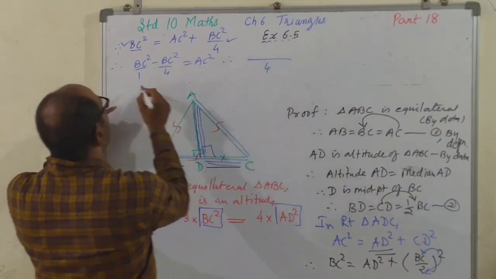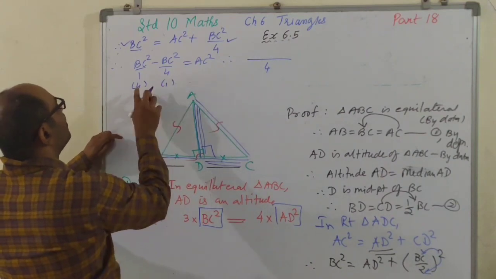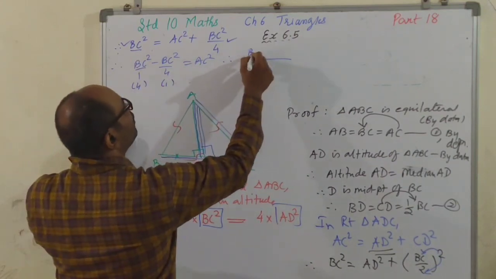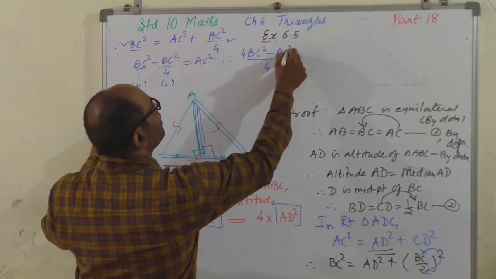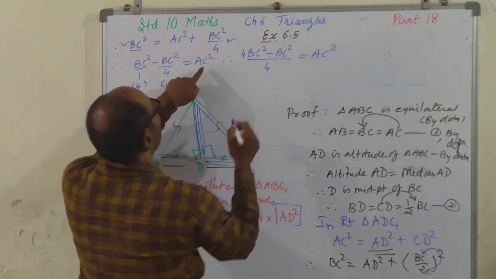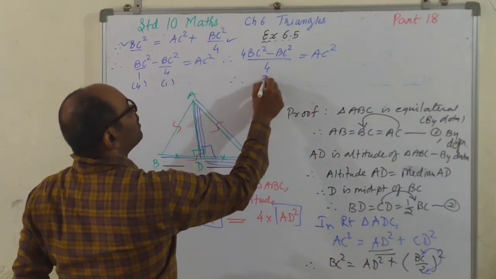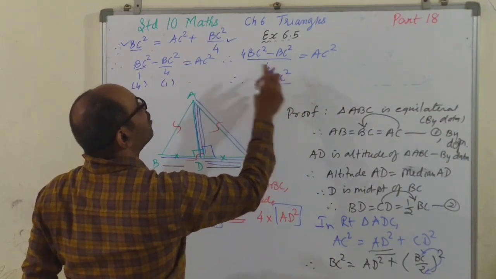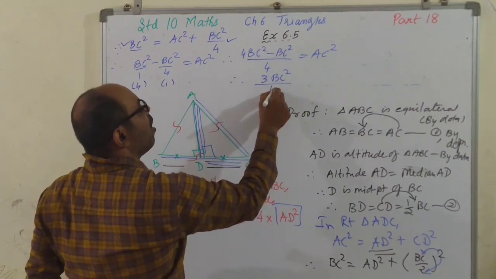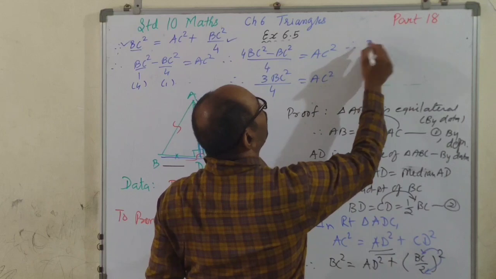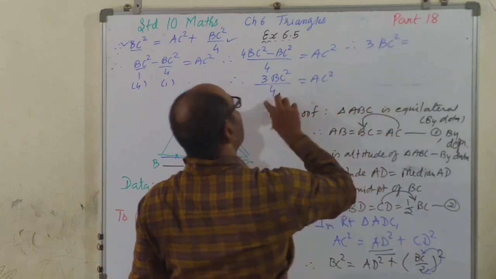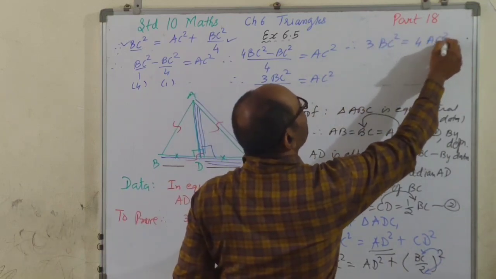Therefore, LCM is 4. 4 into BC square is 4 times BC square, minus 1 into BC square is BC square, is equal to AD square. 4 minus 1 is 3, upon 4, is equal to AD square. Cross multiplication. Therefore, 3 times BC square is equal to 4 times AD square.